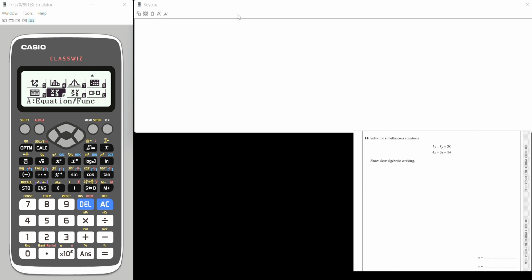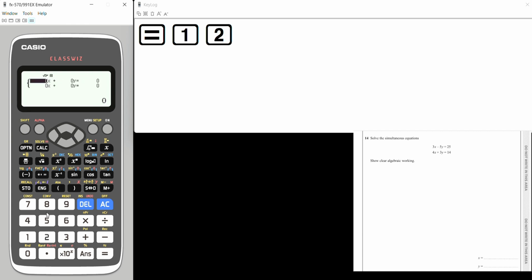Another feature at the same equation func button in this FX570 or 991EX is to solve simultaneous equations. So I'll press equals. It's the same menu, but this time instead of pressing 2 for polynomial, you press number 1. And then you insert two unknowns, usually it's two unknowns.